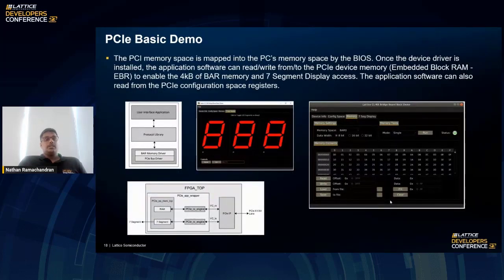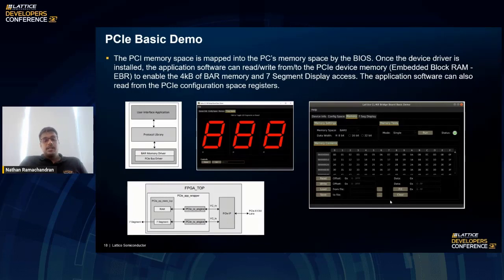More details on the demo itself. As you can see here, we have a 7-segment display, and I put the block diagram where you can see we are implementing it using a Gen 3 x4, and the PCIe IP itself sends the native signal to a PCIe application wrapper that is created, whereby we will send the information to a 7-segment display or to a RAM.